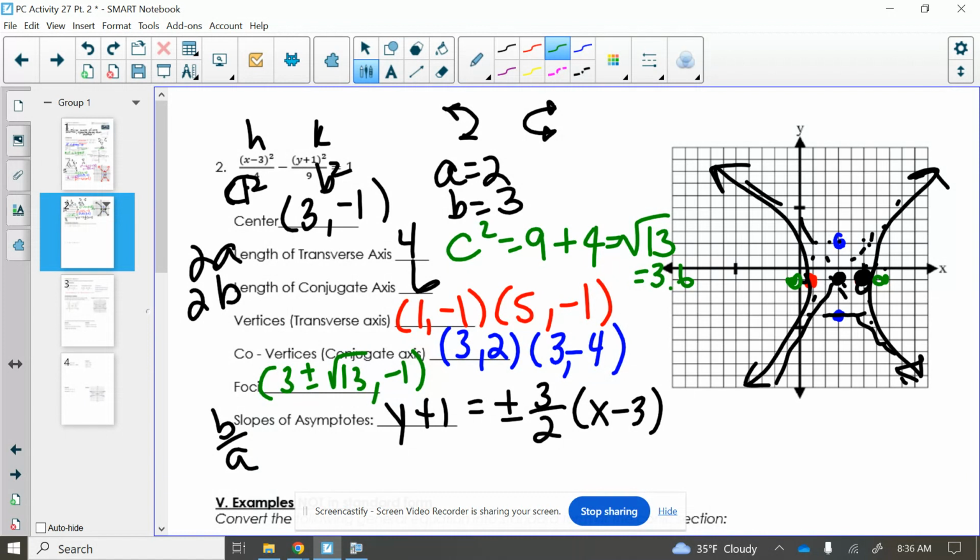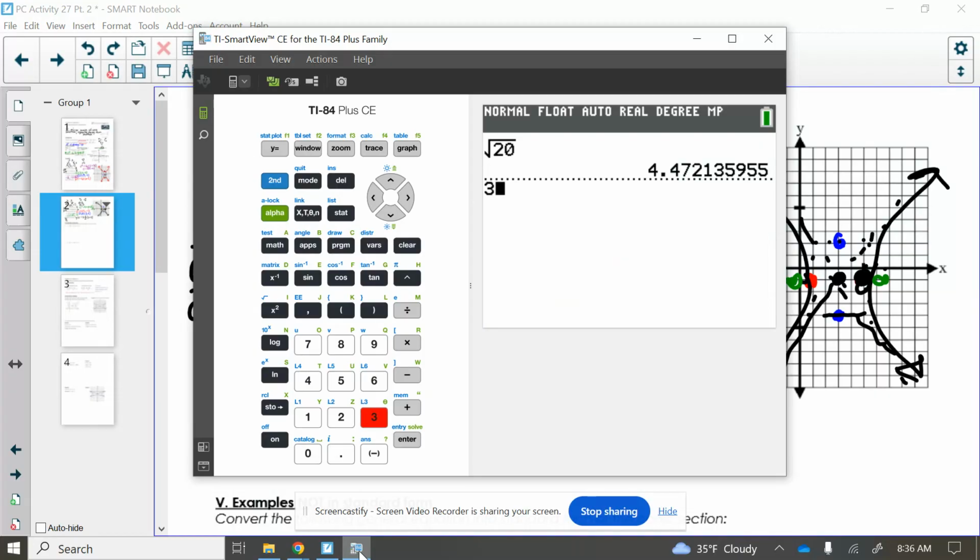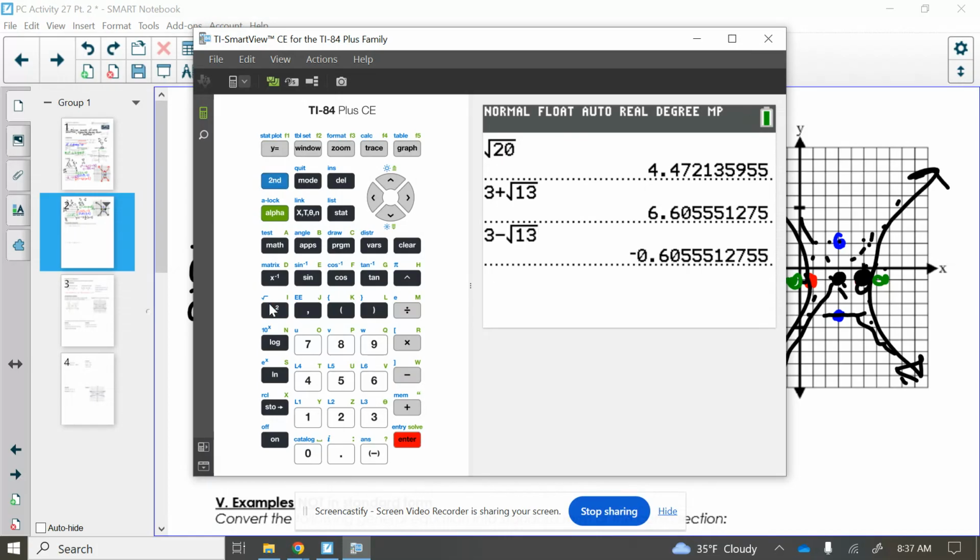You could have written it with the decimal approximations as well. For each of those 2 points, you could do 3 plus the square root of 13, so you would be at about 6.6 comma -1, or 3 minus the square root of 13, we'd be at -0.6 comma -1.